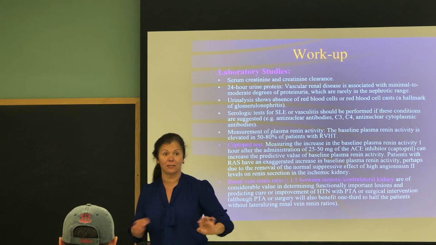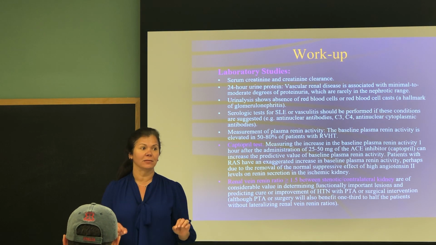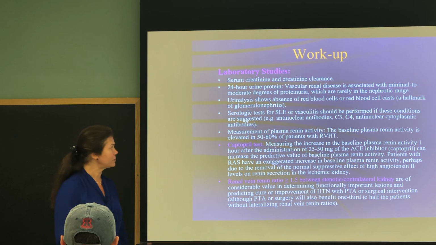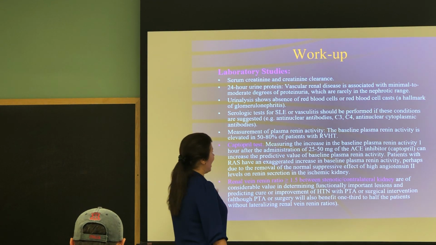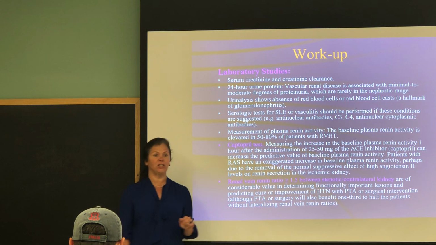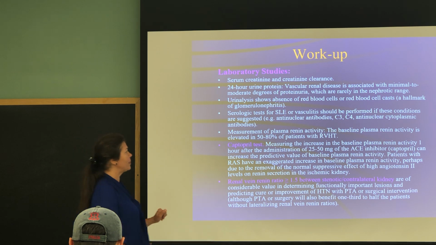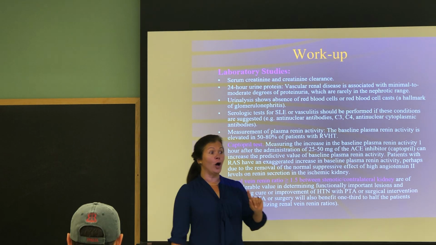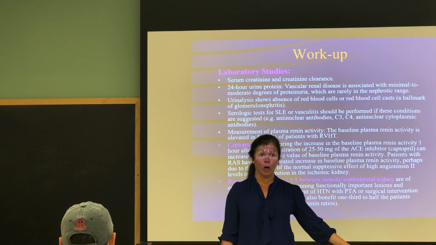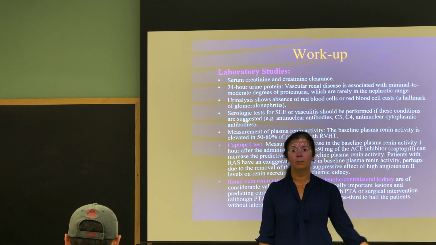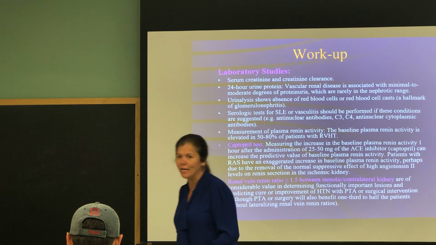You do a blood test and you measure the baseline renin of the patient, right? And then you administer to the patient an ACE inhibitor. In this case it will be captopril. So what do you think would happen? Not only does the renal function become worse, and the hypertension become worse, but the renin value increases.